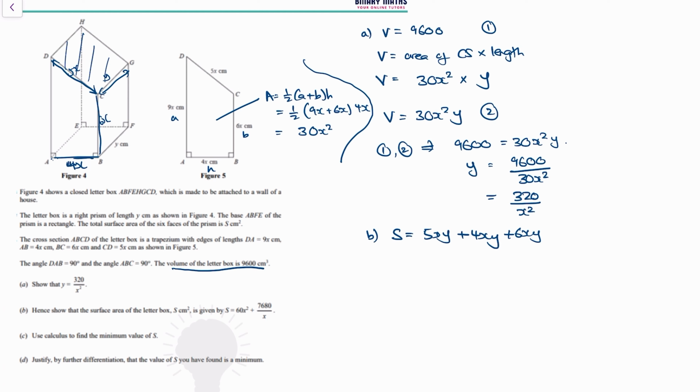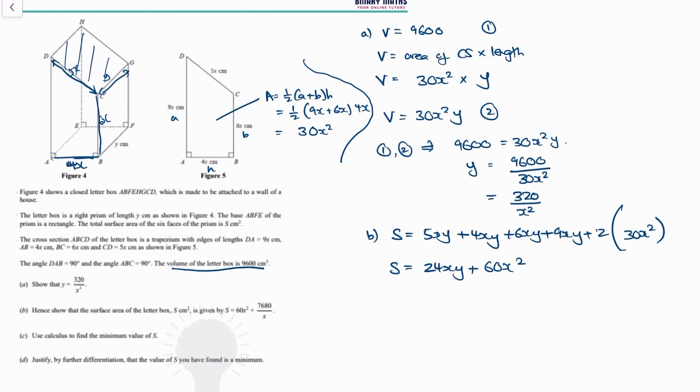And this one is 9x times y, which is 9xy. The trapezium we've already worked out. We've got 2 trapeziums, so plus 2 lots of 30x squared, because each one is 30x squared. So S is equal to 5xy plus 4xy plus 6xy plus 9xy, which is 24xy, plus 60x squared.